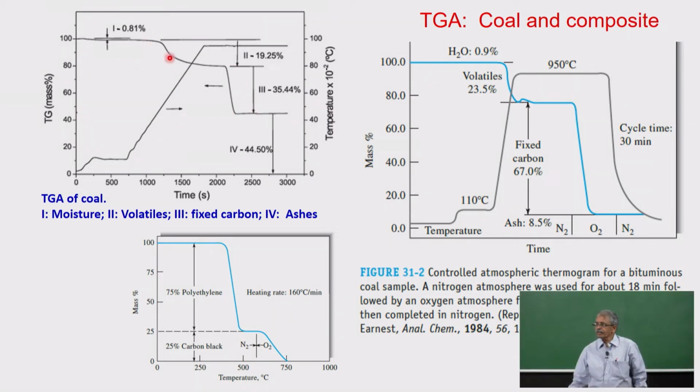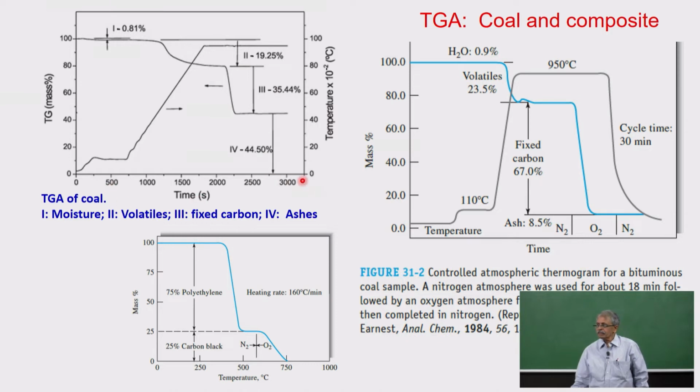Then the first major weight loss is around 19%, labeled as peak 1, and this is labeled as peak 2. The next weight loss is very sharp, not much broad. Here it is very broad, slowly things are happening. Here things happen very fast, and that is peak 3, which is around 35%, and this is peak 4 where you have 44.